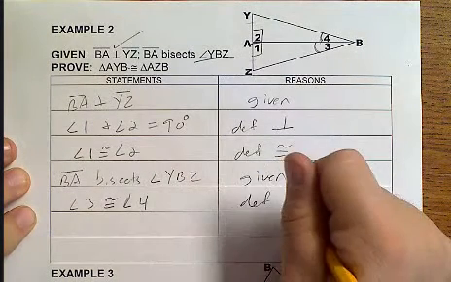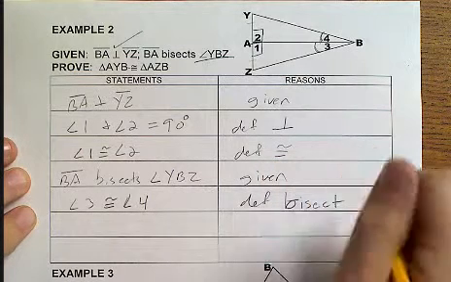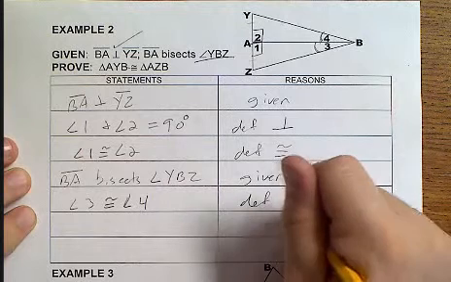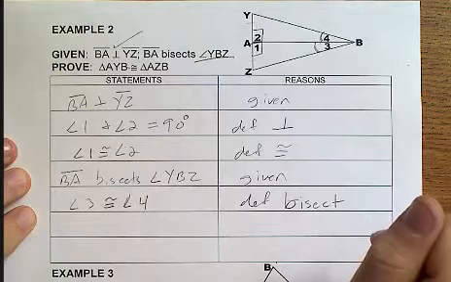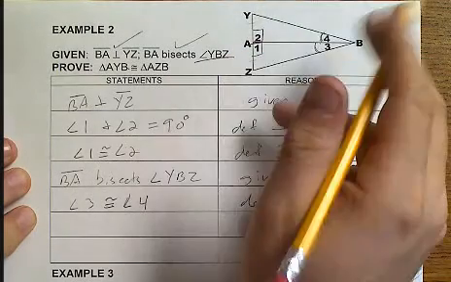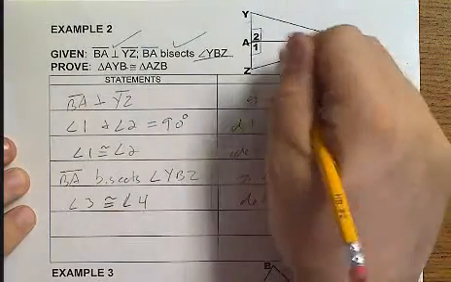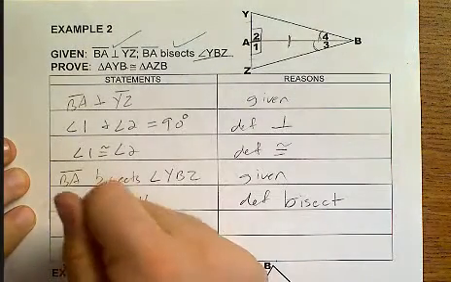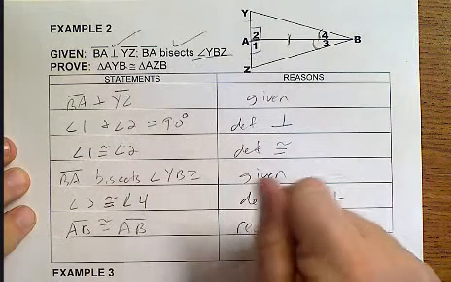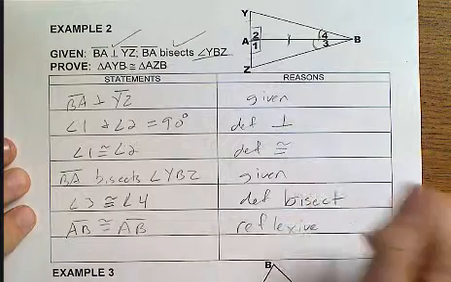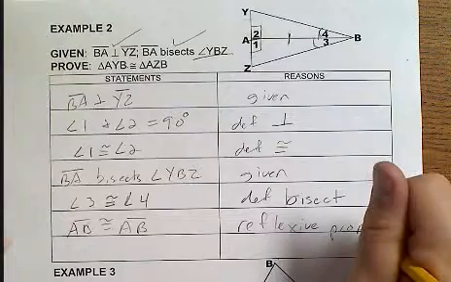That's the definition of that bisect word. We've got our congruency. Need something else. Well, I have a shared side right here. So AB has to be congruent with itself. AB, that's that reflexive property that we were using yesterday. I've got my three congruencies.